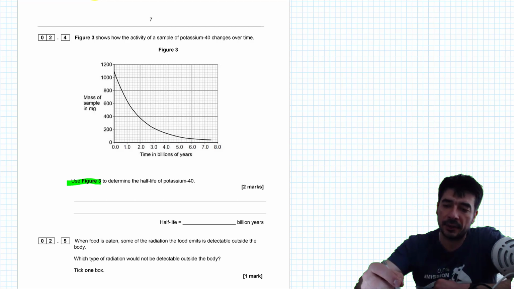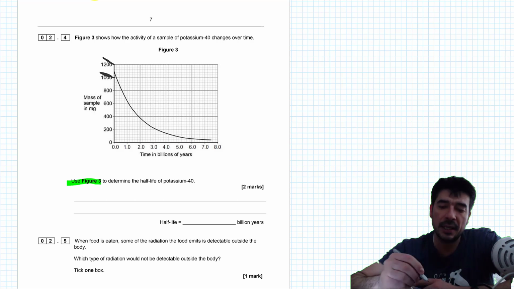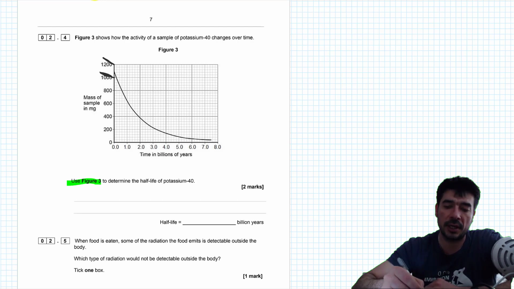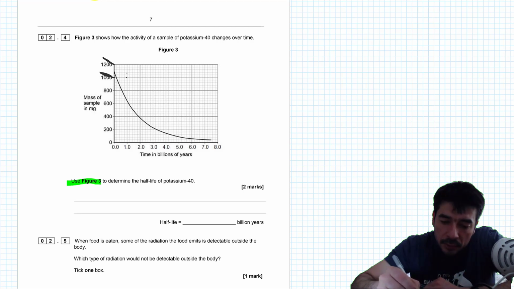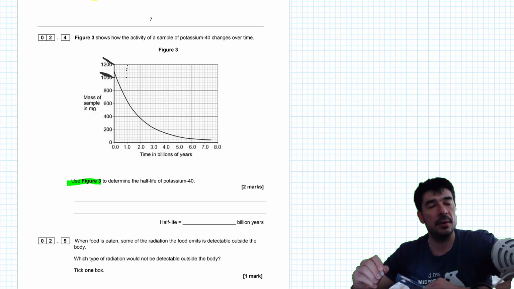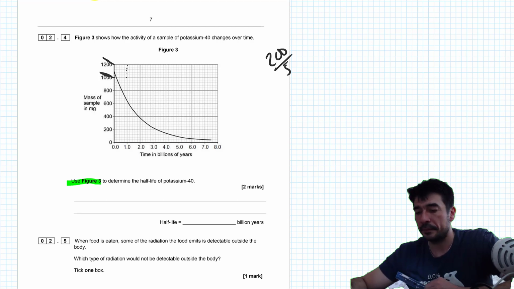Right, I've got to be really careful here, because there's a couple of things going on. First, you've got to be able to read this graph properly. So between here and here is 200, because you go from 1000 to 1200. And there are 1, 2, 3, 4, 5 squares. So 200 divided by 5 is 40 per square.